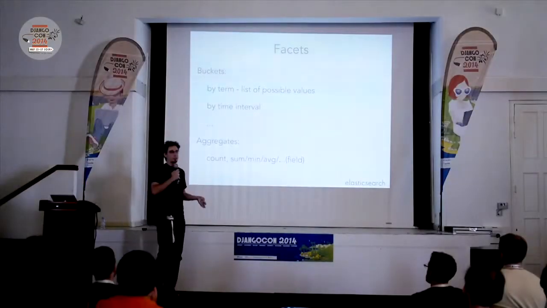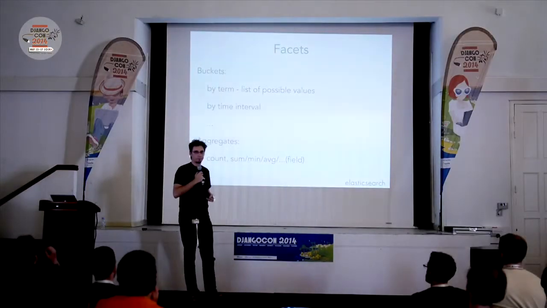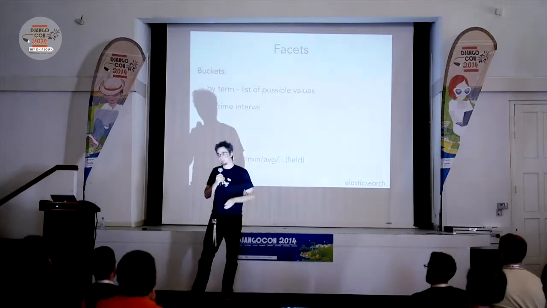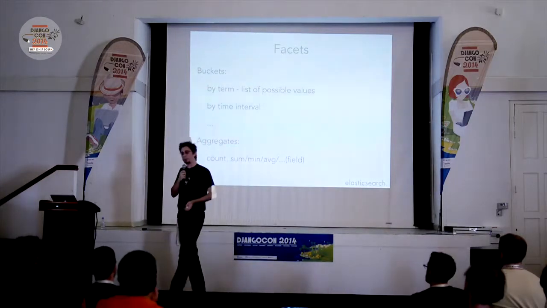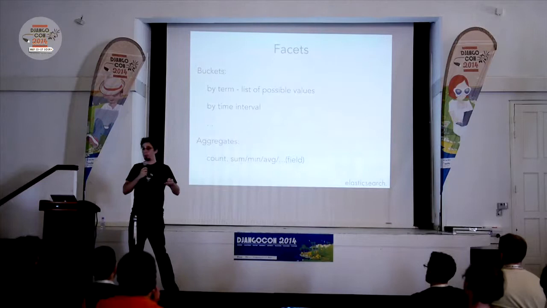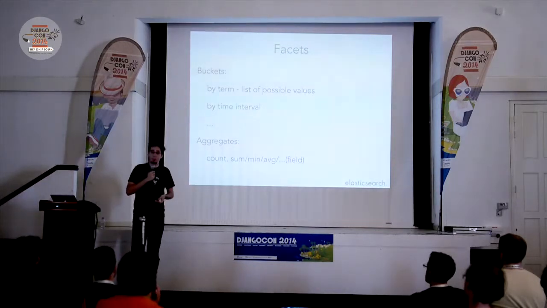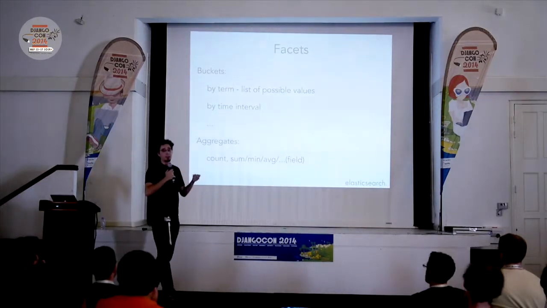The most simple one is just count. Give me the number of documents that actually fall into this bucket. Super simple, straightforward. But you can do more interesting stuff. You can maybe define sub-buckets, but typically you want to do aggregation on some other field.